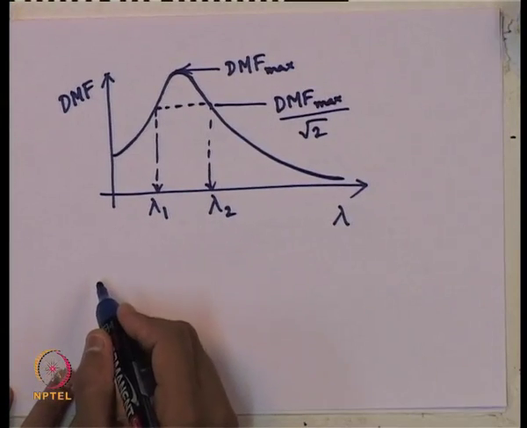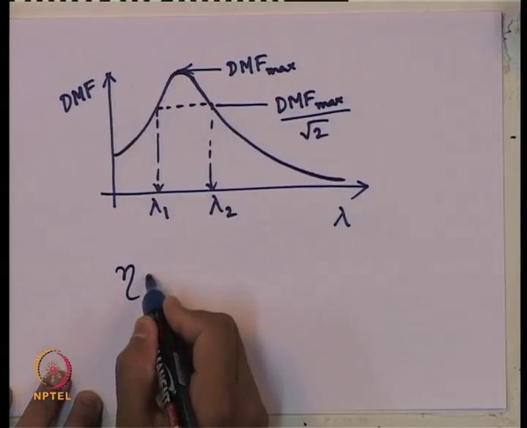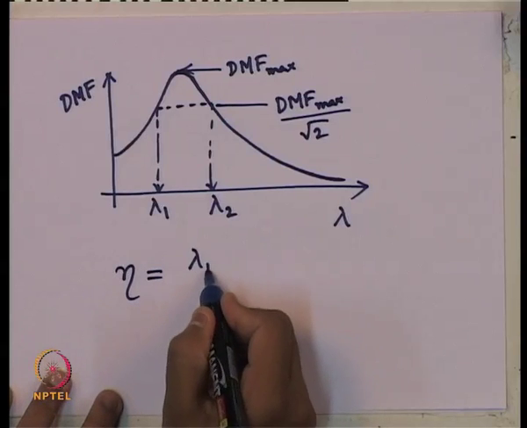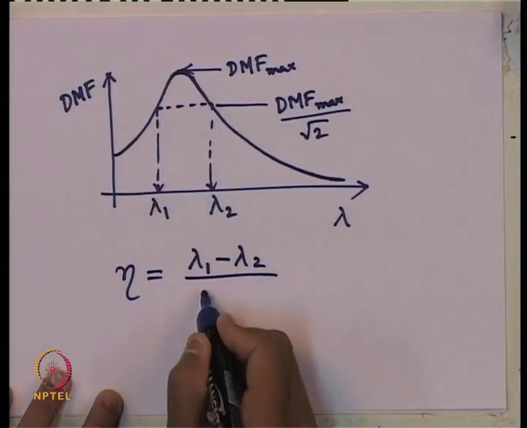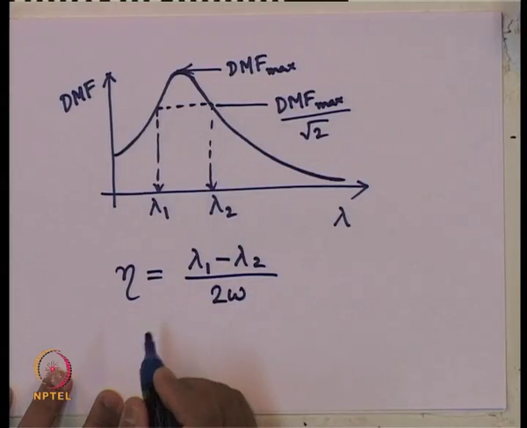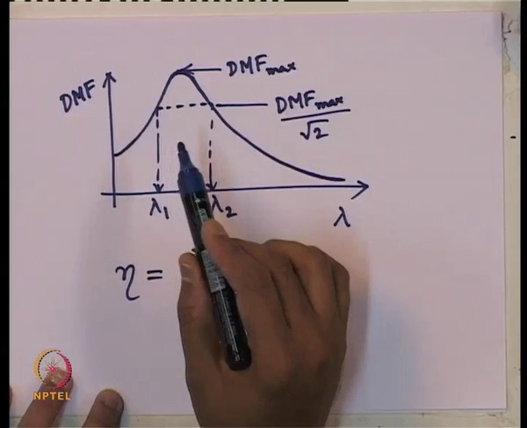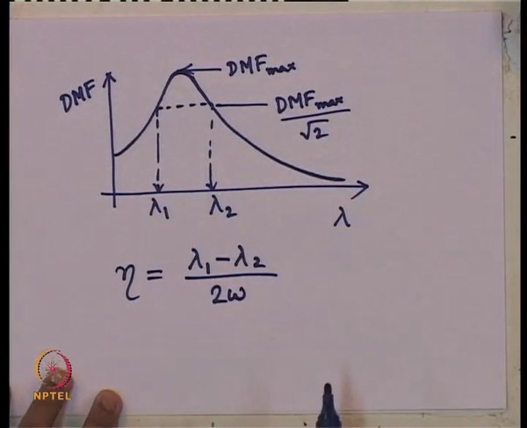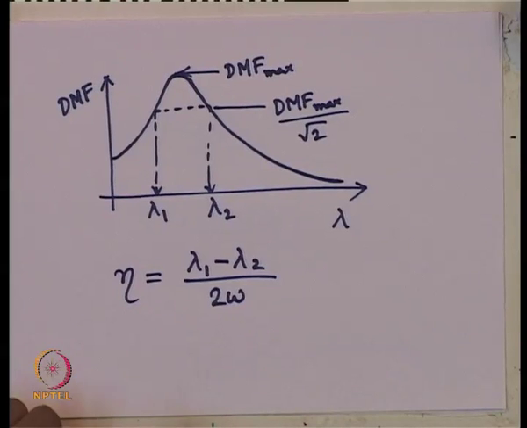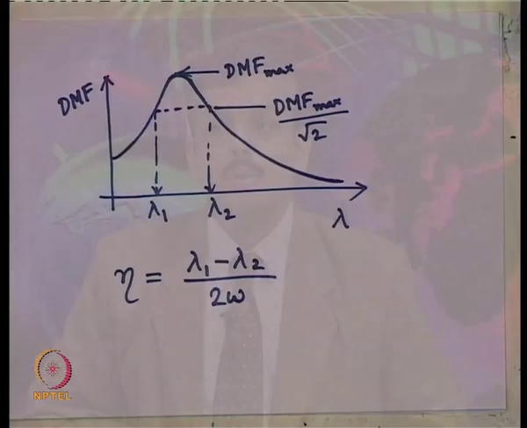Putting in the expression we got, the damping ratio eta is given by lambda 1 minus lambda 2 divided by 2 omega, the natural frequency. This lambda 1 minus lambda 2 is called the half power bandwidth. That is why the name half power bandwidth method came, to obtain experimentally the value of the damping ratio. Okay. So, with this half power bandwidth method, we will complete our lecture today.